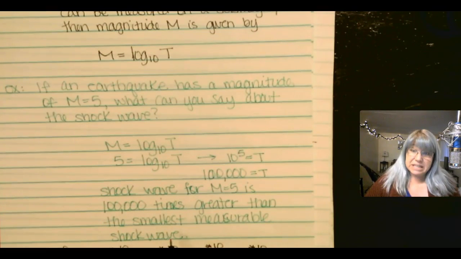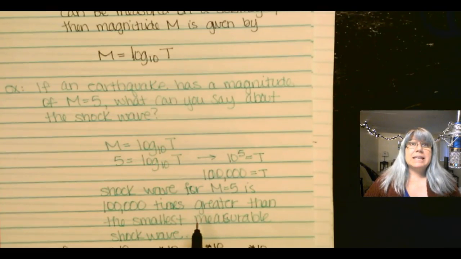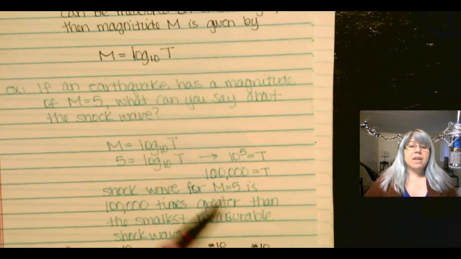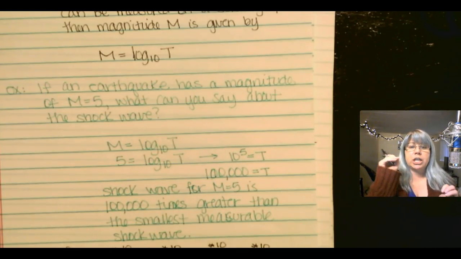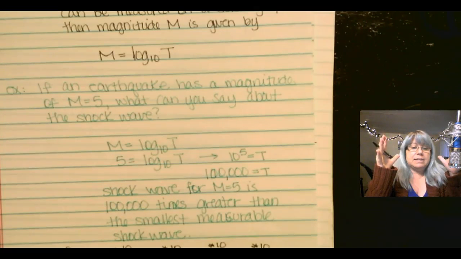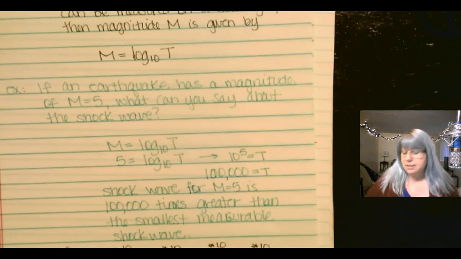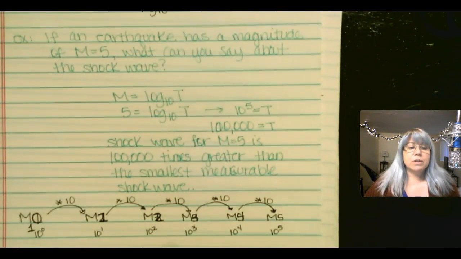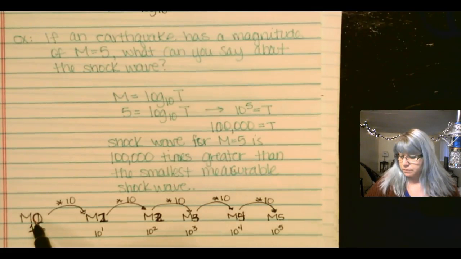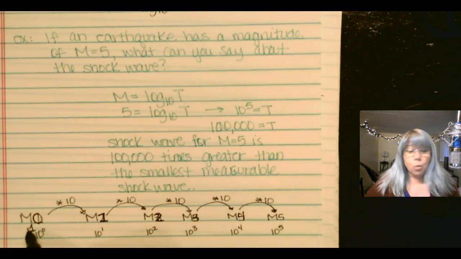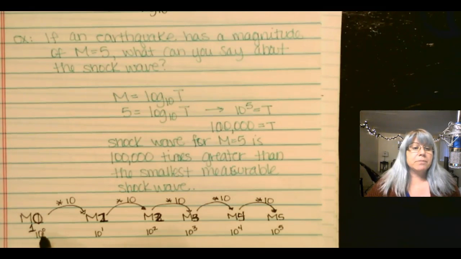Now, this is different. It's bigger than the smallest measurable shock wave. That's different than the energy the earthquake puts out. That's another equation. This is just how big it is, not the energy that's released. So here's how it goes. M0 means it's 1, it's 10 to the 0th power. That's what we're measuring against.